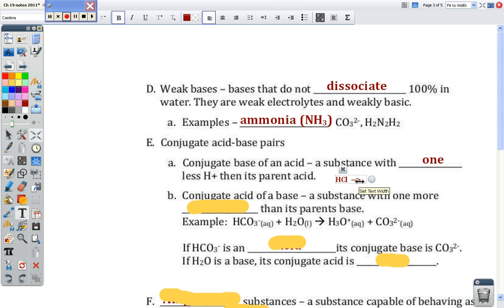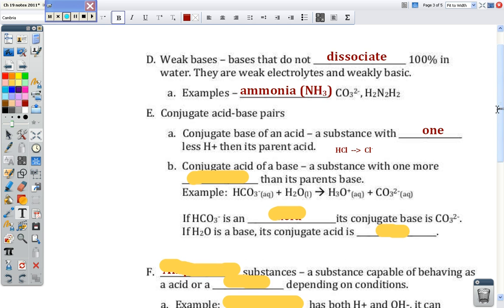Its conjugate base is what's left when you take one hydrogen away from this, and it would be Cl minus. This is the acid, because it has the H on it. When you take the one hydrogen away, that's the conjugate base.